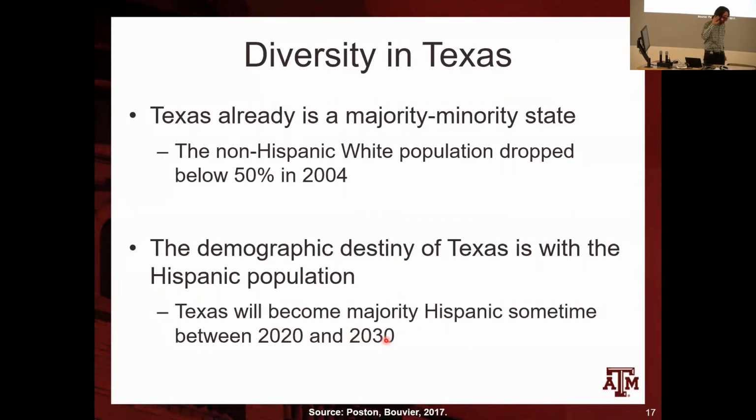The Hispanic population, as I just mentioned, is really heterogeneous as well. There's a lot of variation between Hispanics, because they can be Hispanic and not report any race, or they can be Hispanic white, Hispanic Asian, Hispanic black, and so on. But putting all these people together, they will be more than 50% of the Texas population within the next 9 years, okay?